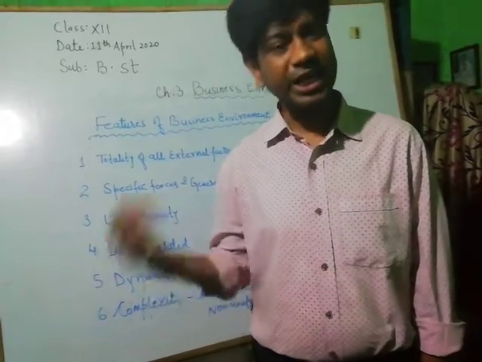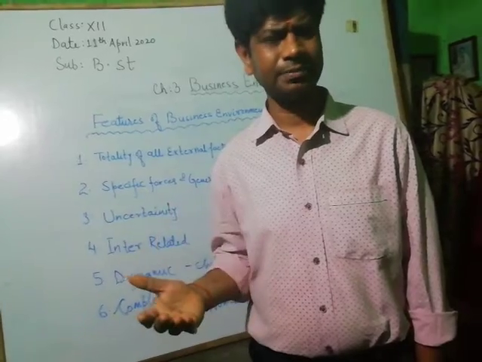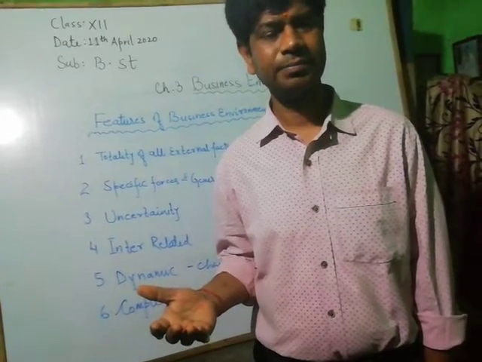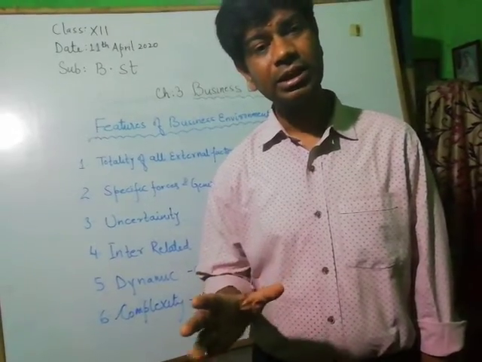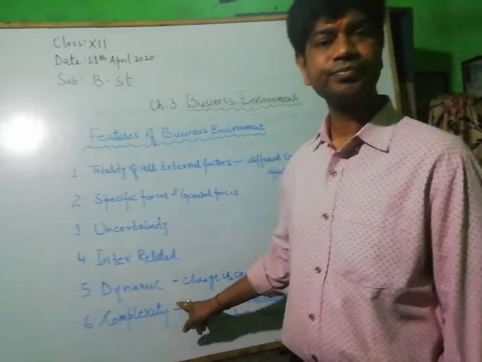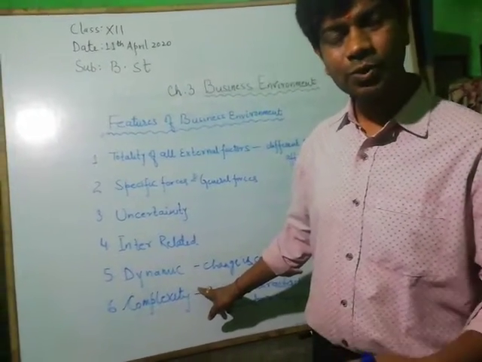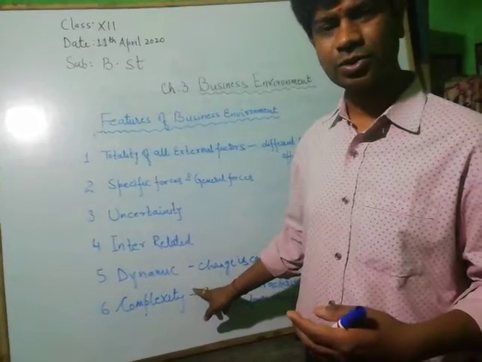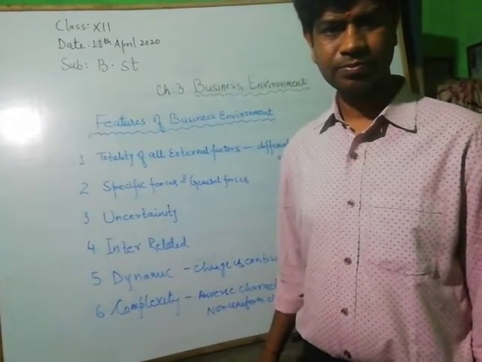So there has been change, it is continuous, it is not constant. So the environment keeps on changing, it is dynamic. And we need to equip ourselves, our strategy also has to be very dynamic.